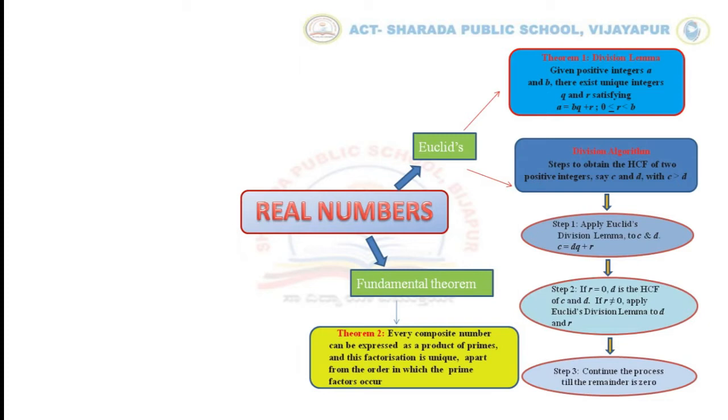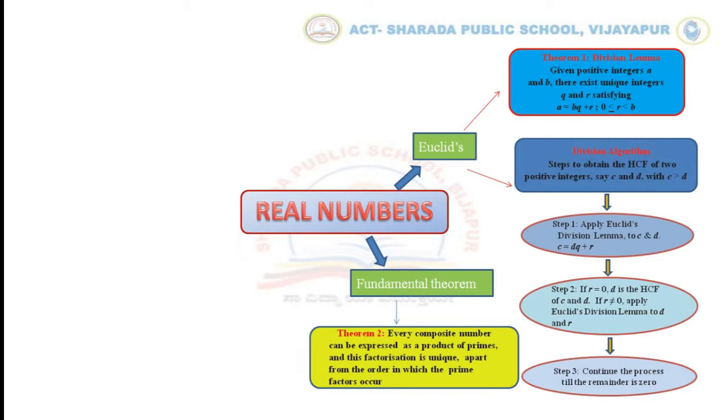Composite number means along with one and the same number, it is divisible by other numbers also. So the smallest composite number is 4, because 4 is divisible by 1, 4 is divisible by 4 also. Along with these two, 4 is also divisible by 2. So that's why 4 is considered as a composite number.